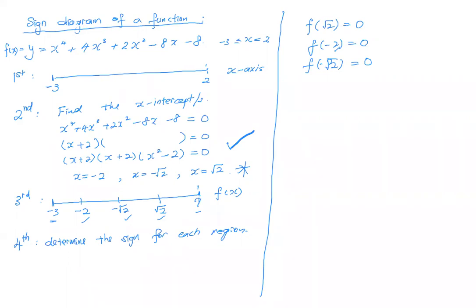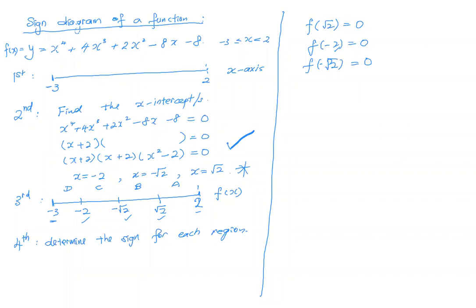Cindy, answer. 3, is it? 3 regions. Okay, I count for you. Region A, region B, region C, region D. How many regions? 4 regions.